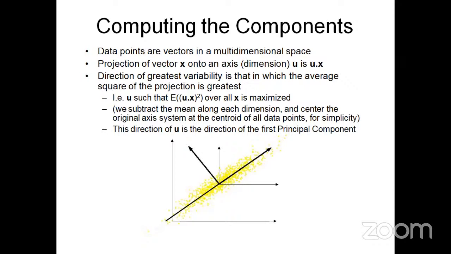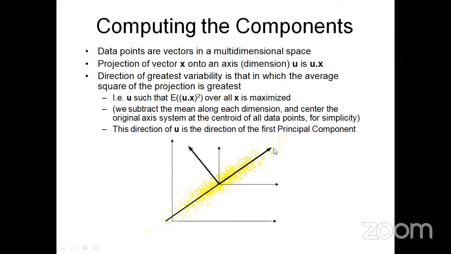So we subtract the mean along each dimension and center the original axis system at the centroid of all data points for simplicity. This direction u is the direction of the first principal component.